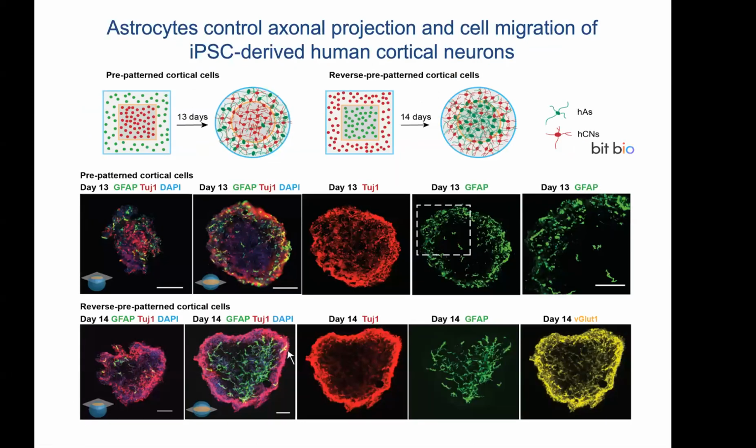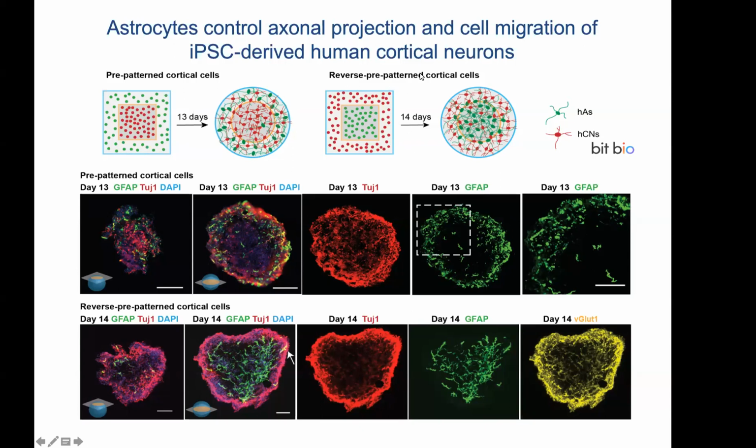We can print these in different patterns to test ideas about how these structures develop. So we can print patterns where the astrocytes are on the outside. In this case, the astrocytes will stay put. The cells will send projections into the astrocytes and eventually migrate.